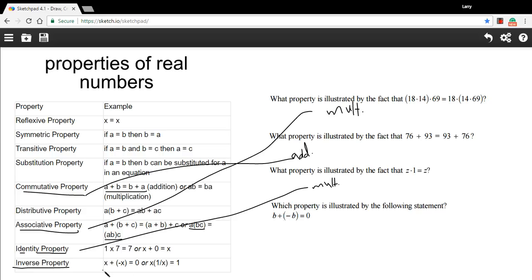And when you do that for addition, which is what we're doing here, you get a result of 0. The multiplication property for the inverse looks a little bit different. It says if you take x, or some number, and you multiply it by 1 over that number, you get 1. So both of those are examples of the inverse property. This one we have is the inverse property of addition.